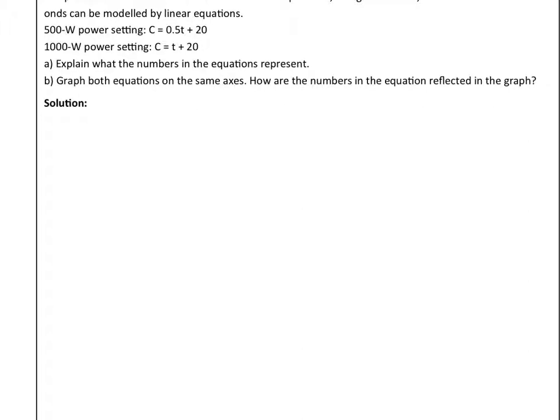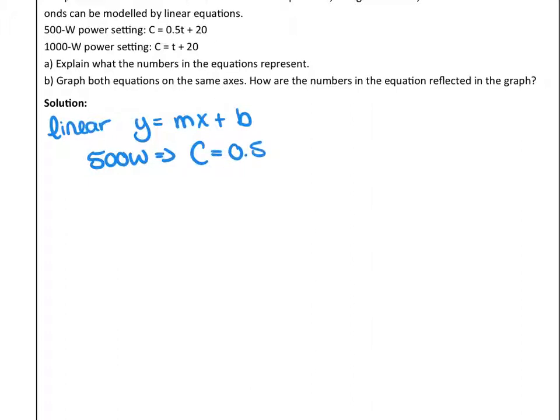Okay, so let's look at A first, and we'll talk about what the numbers in the equations represent. Remember I said if it's linear, it looks like this: y equals mx plus b. And then let's look at our two equations. The first one is C equals 0.5T plus 20.